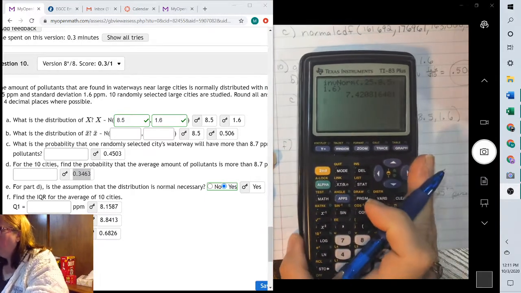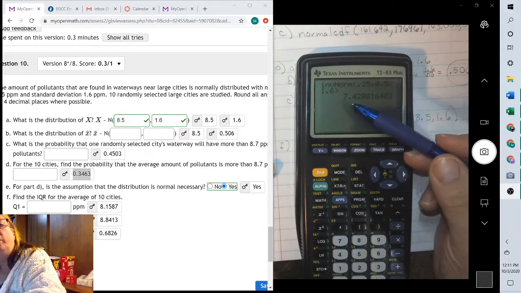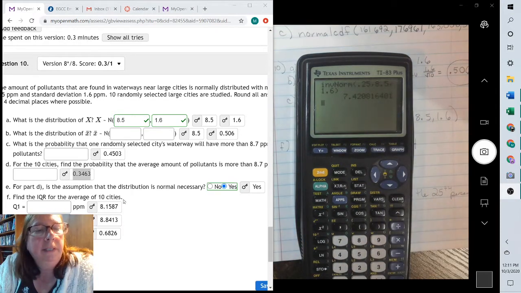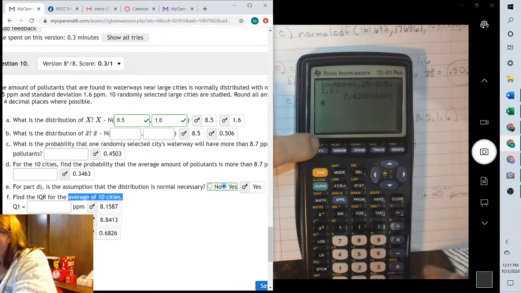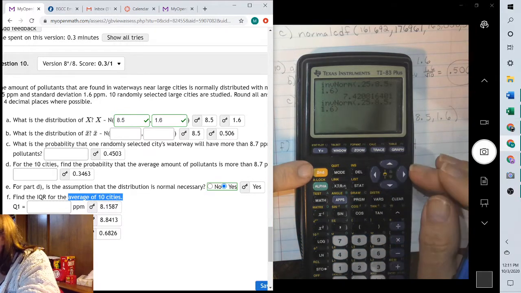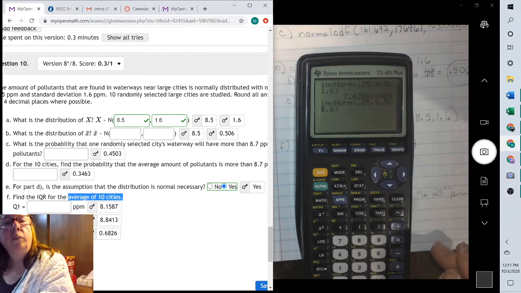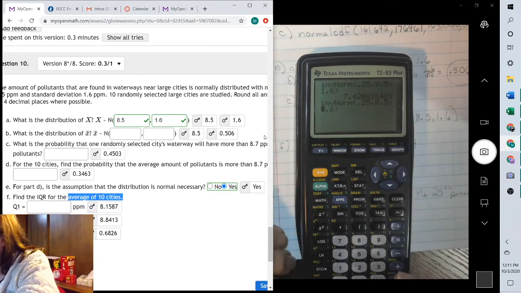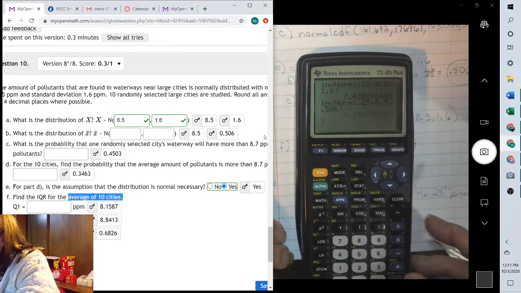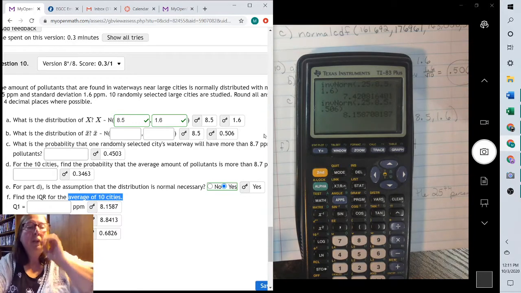Okay, so if it was from the whole sample, it would be 7.42, but I didn't notice this says the 10 cities. So you want to watch for that. Because it's saying the 10 cities, we use part B, which means the other standard deviation. So if we hit second and enter and bring it back up, if we change this standard deviation to the 0.506, the one for the sample, then we get the 8.15.